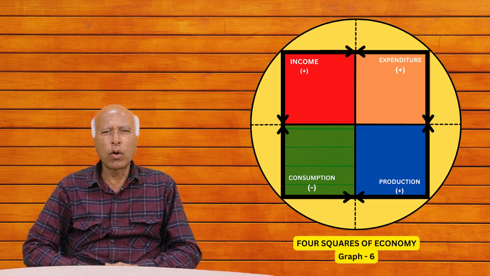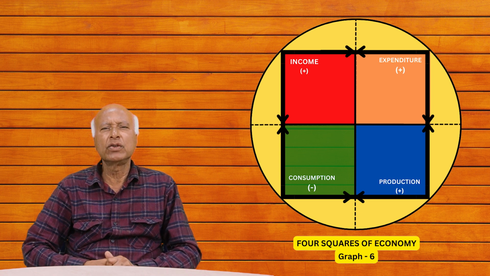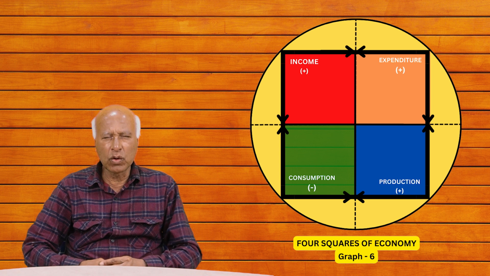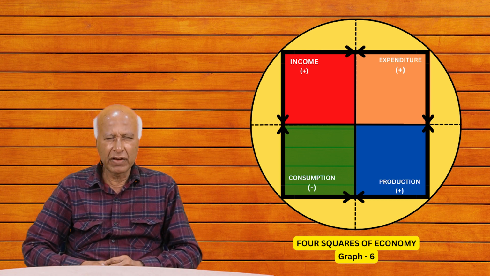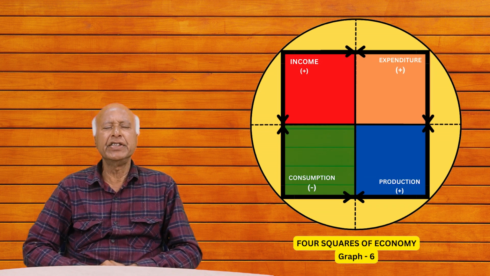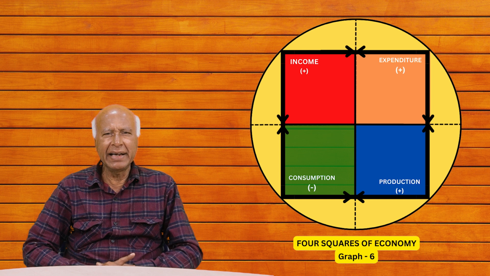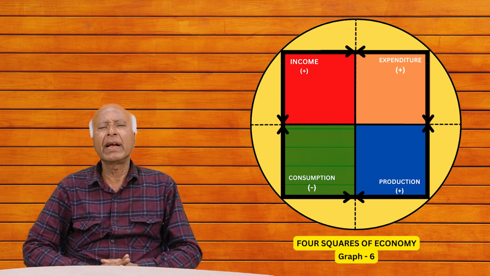It can be brought nearer to the ideal shape of economy, but the purpose of management of economy is always to achieve the closest possible balance between the four economic activities of economy, that is income, consumption, production and expenditure. In this case, any change has to be measured anti-clockwise.